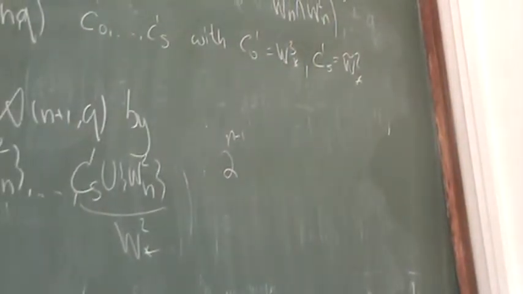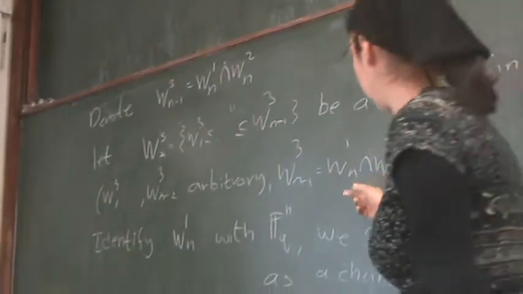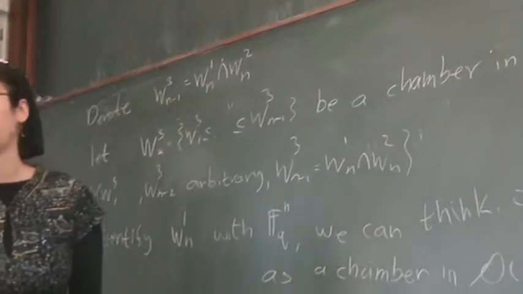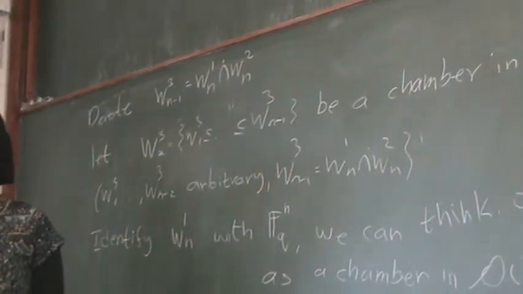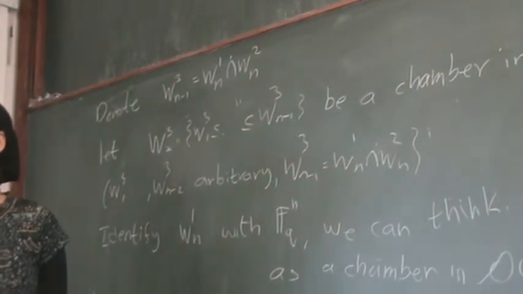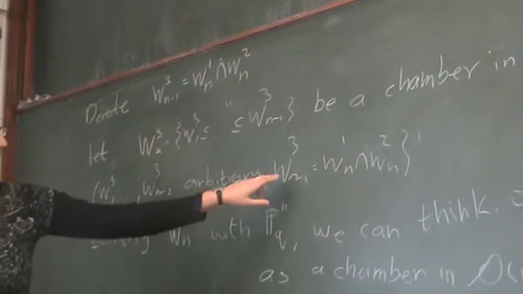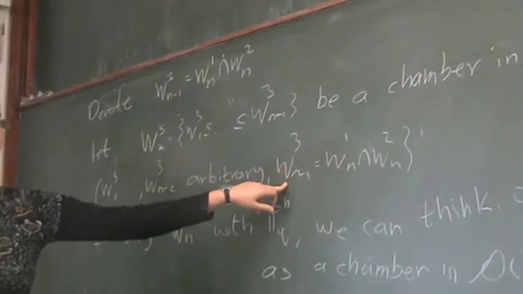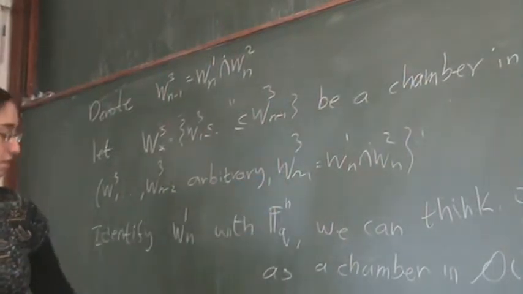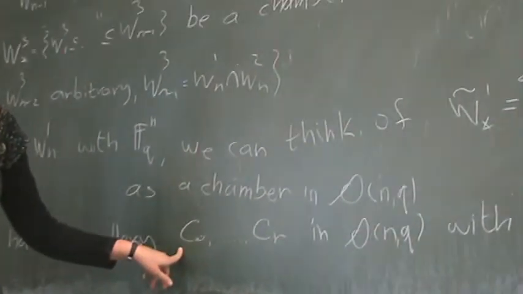Instead of taking W3 to be any arbitrary chamber, we can take a chamber that is as close as we can to W1, and then it will be much shorter. We can take a specific W3, and actually you can take the first gallery to be of length n minus 1.